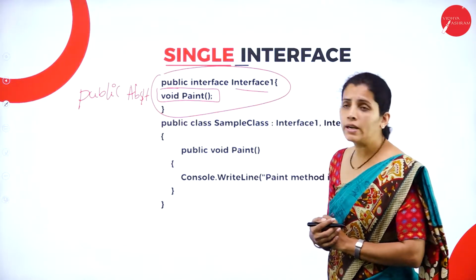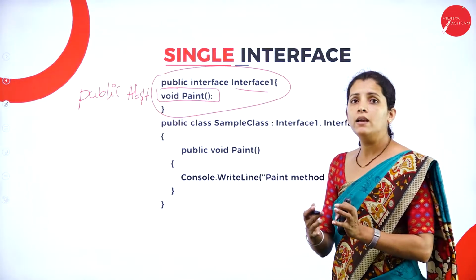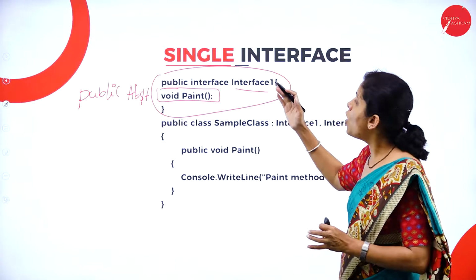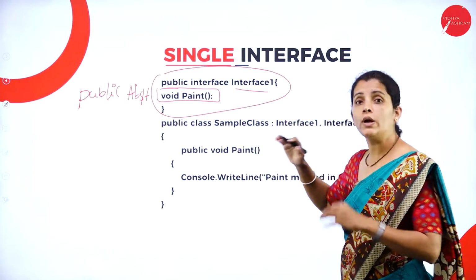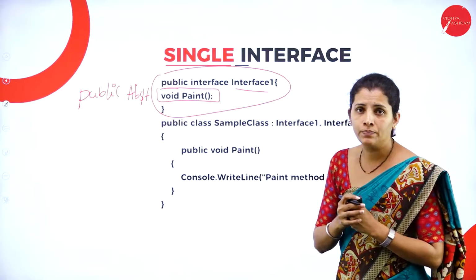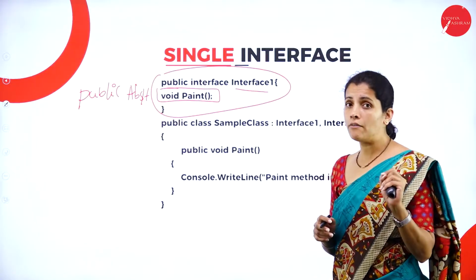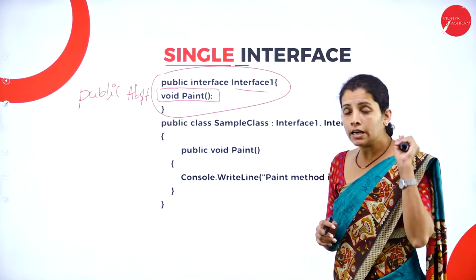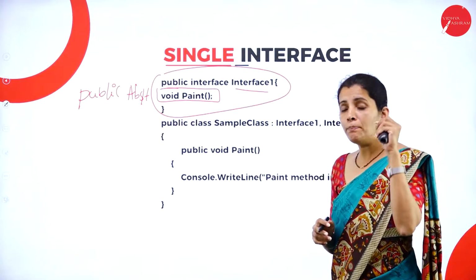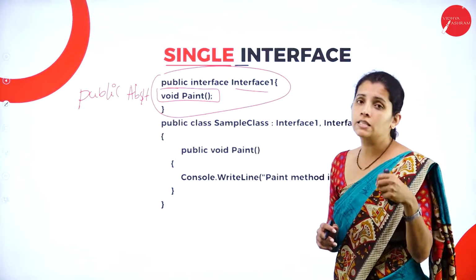Now where am I going to write the body? In my class. Now what do I want to do? I want to implement the interface. So dear student, please make a note here. If I consider Java, after creating the interface, I want to implement that interface in my class.